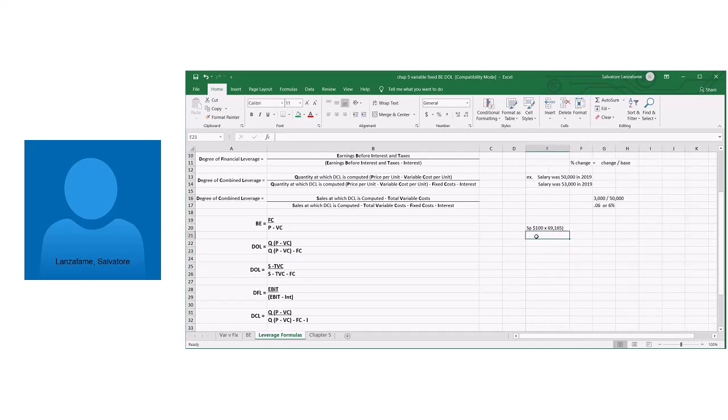The variable costs is going to be $28.18, and we're going to multiply that by 69,165.